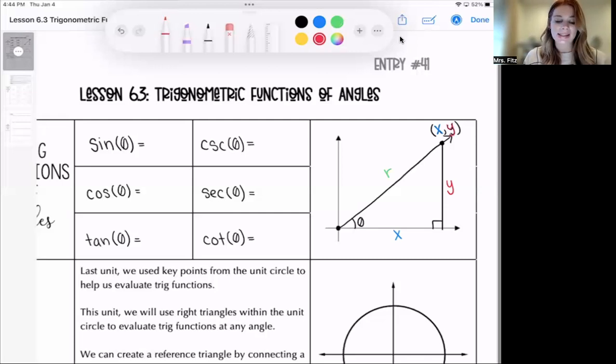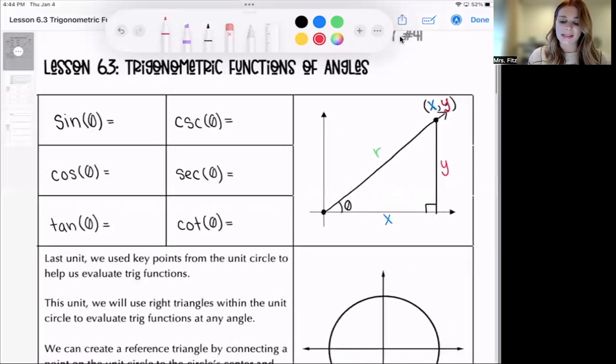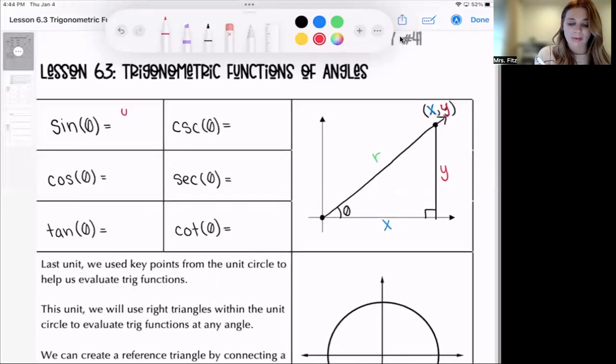So in this context, we can come up with different trig ratios. Sine of theta is still opposite over hypotenuse, but our opposite leg is y. So we have y over our hypotenuse, which in this case is r. And then we just take the reciprocal of that for cosecant. So not much different from what we're doing.